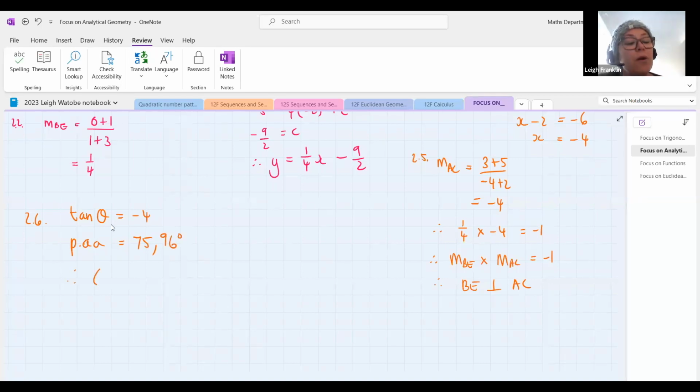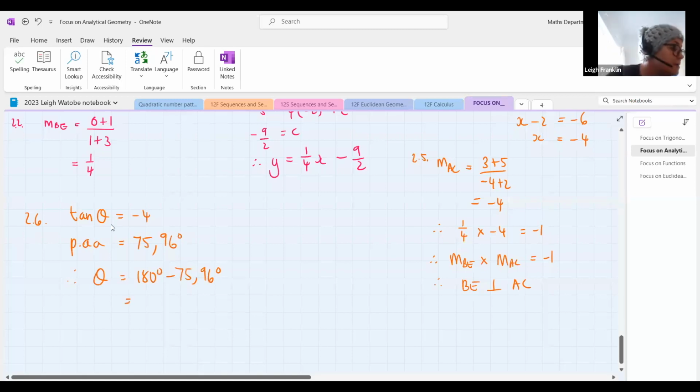So therefore, theta would be equal to 180 less that, which gives us, okay, and hopefully with everything that we've done today, everybody's following here and we're all good.